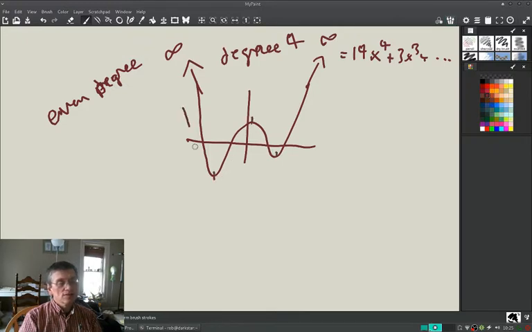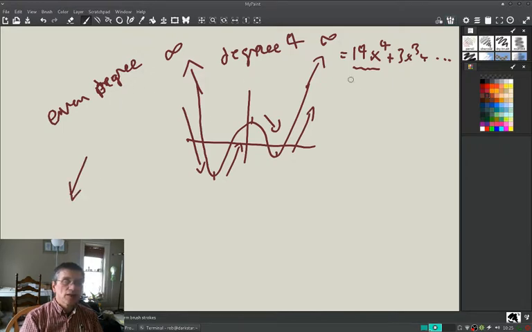You can see it's decreasing here, increasing, decreasing, increasing. It turned 3 times. So that's it for polynomials. That's the nice thing about polynomials. You can just look at them, look at the highest power, and you can tell what this is going to look like. Degree 5.